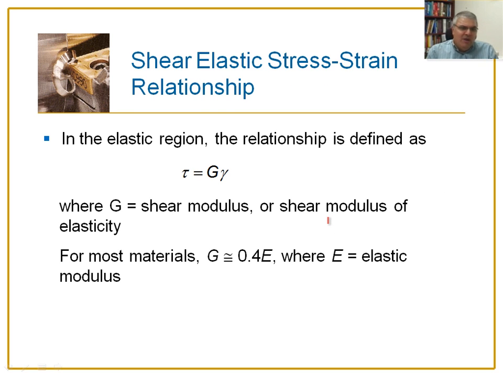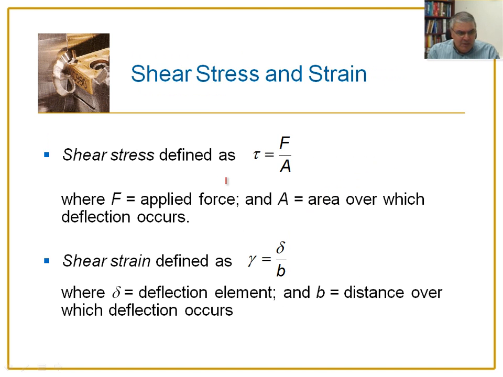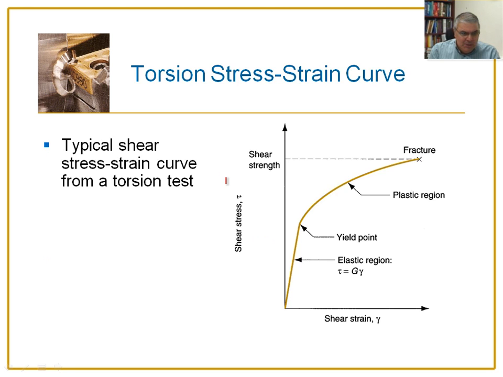One is in the elastic region, where we define the relationship between shear elastic stress and strain, and that is capital G here. It's shown as shear modulus, and the other terms we just previously defined. The shear stress is tau and the shear strain is gamma.